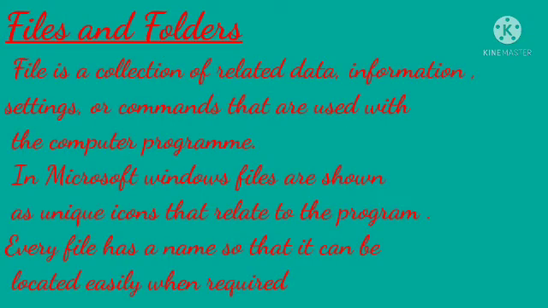We can say that a file is a collection of related data, information, settings or commands that are used with a computer program. Files have a unique icon that relates to the program in Microsoft Windows, and each and every file is saved with a name that will help to locate that file easily when required.